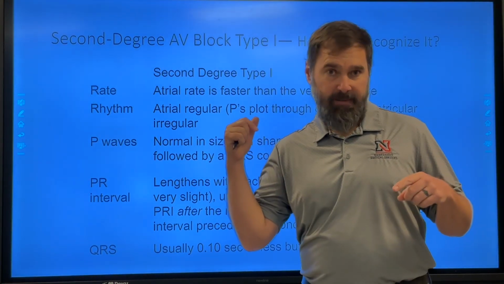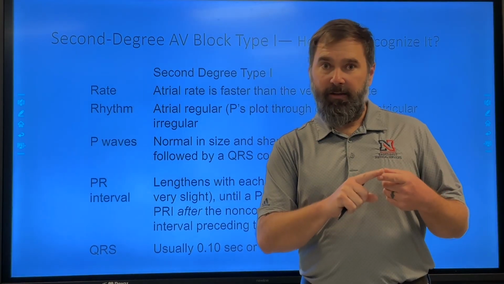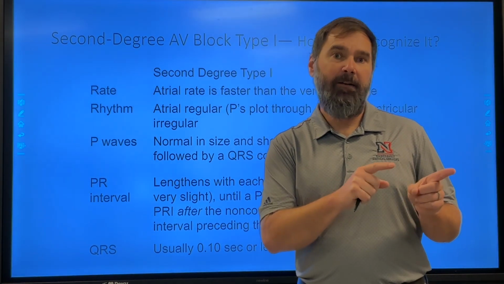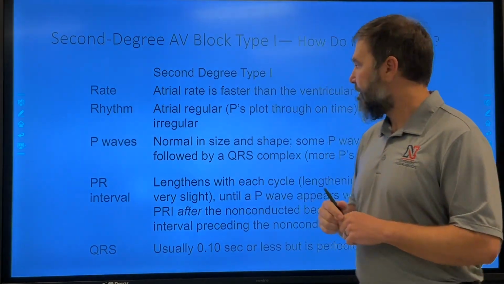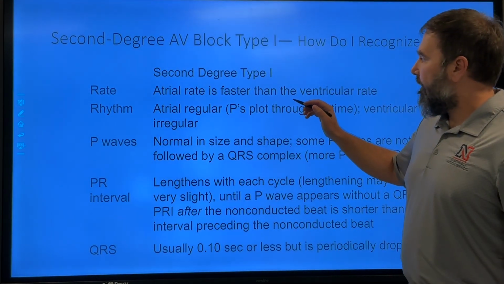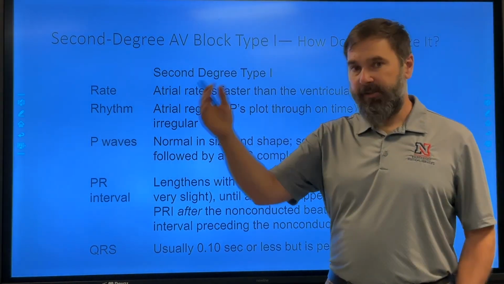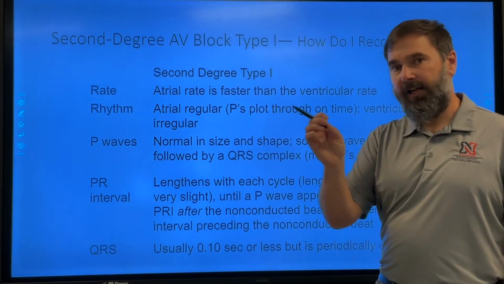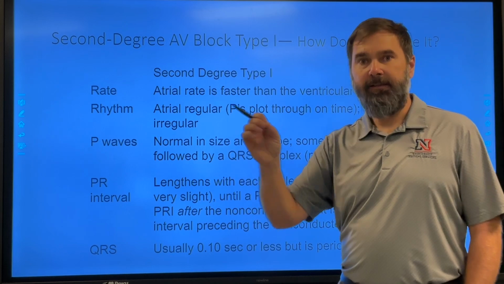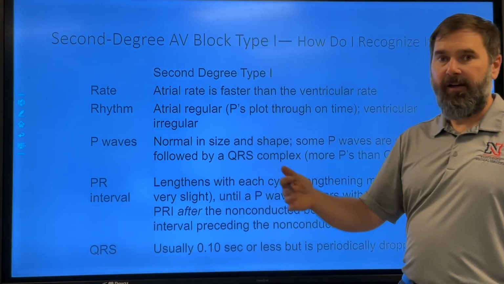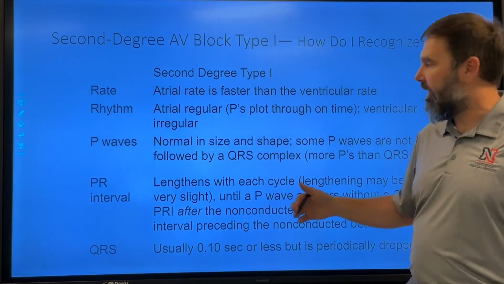In the case of all these second degree blocks and third degree blocks, no. You do not have one P wave for every QRS complex because you have dropped QRS complexes. The rhythm overall is irregular again because of that. The PRI lengthens. It's not constant. It lengthens or increases for each cardiac cycle until we have a dropped QRS complex.